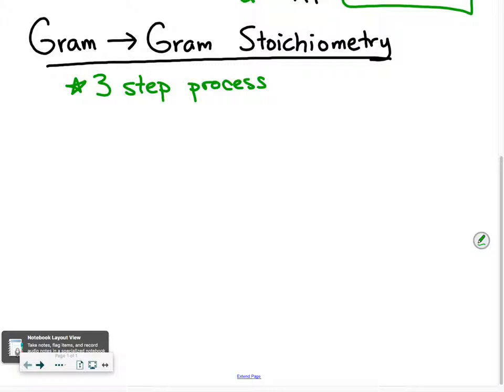So anytime we go from substance A to substance B, we have to use the mole ratio.